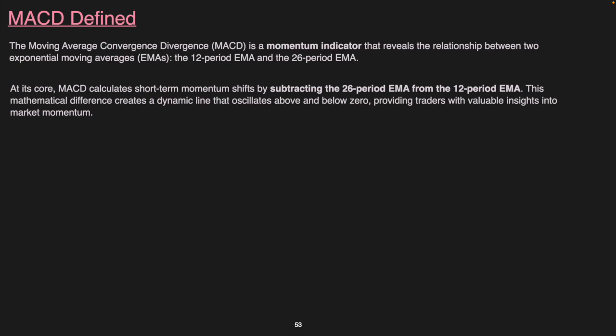So you take 9 values of the MACD and you make an exponential moving average out of it, and whatever value you get will become the signal line value. So if the MACD value is greater than the signal value, then the trend is up, and if the MACD value is lower than the signal value, then the trend is down.